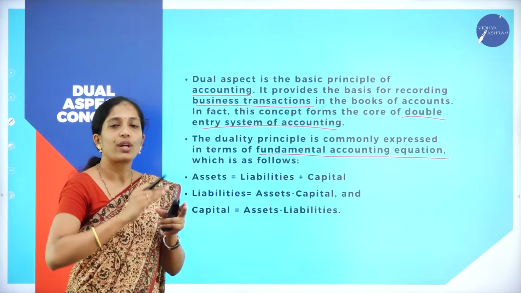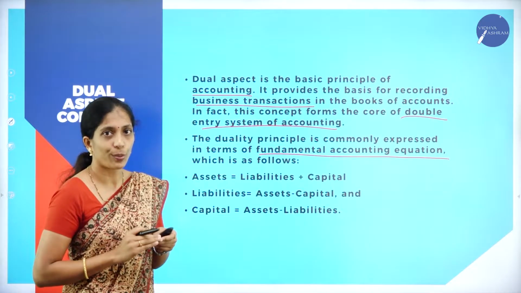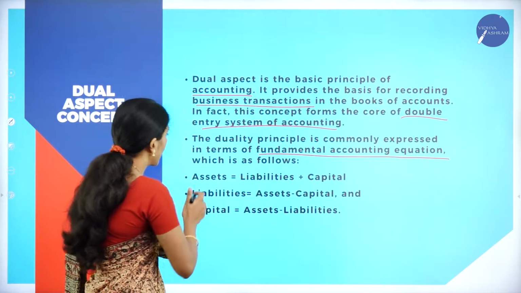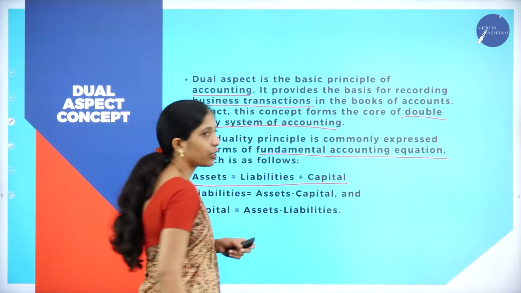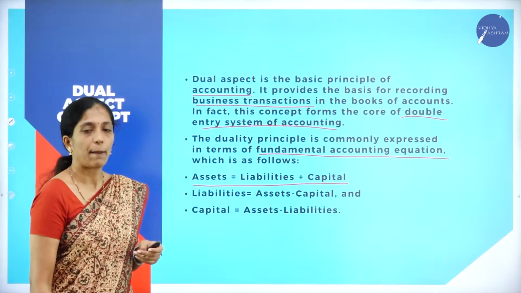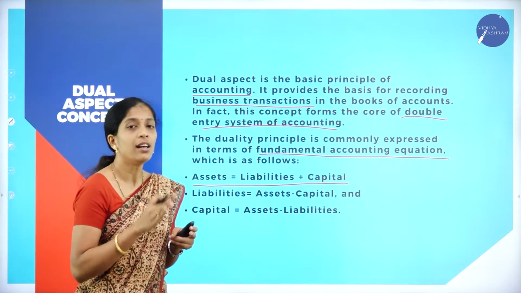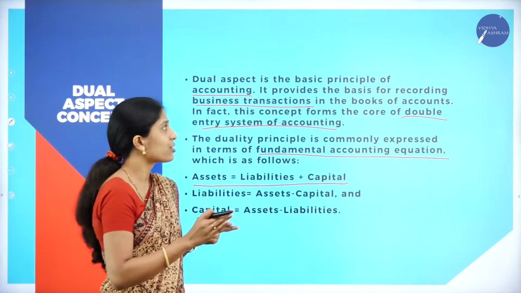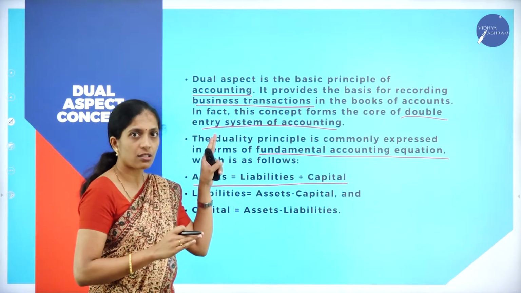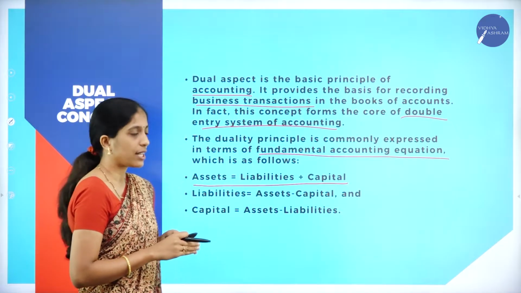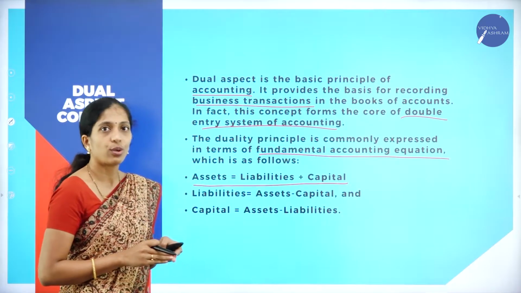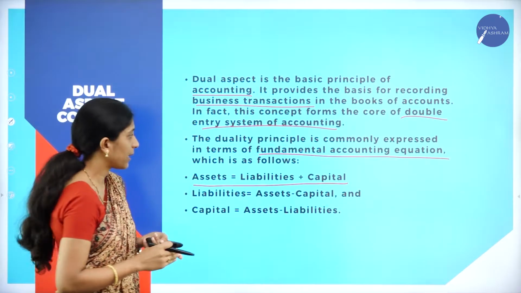Accounting equation is always based on dual concept. So what is the accounting equation? Assets is equal to liabilities plus capital. So you have to remember here. Accounting equation is based on dual aspect concept where the accounting equation is assets is equal to liabilities plus capital.